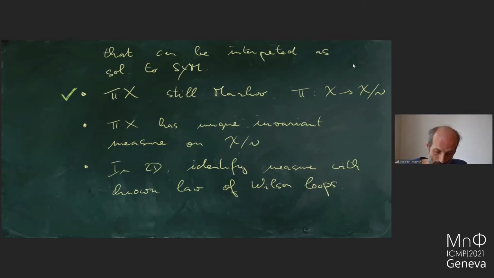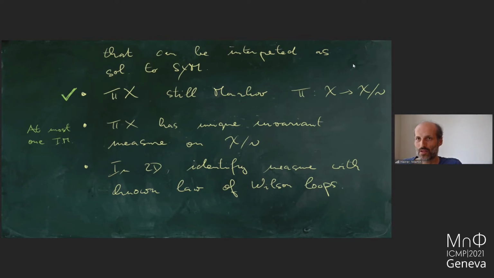And then regarding the invariant measure, what we know in both 2 and 3D is that we have at most one invariant measure, but we don't actually know existence.